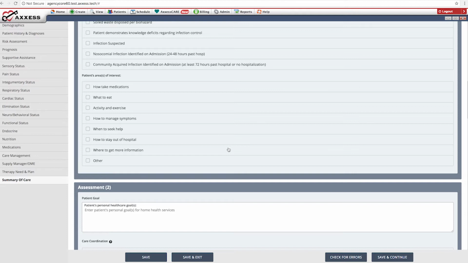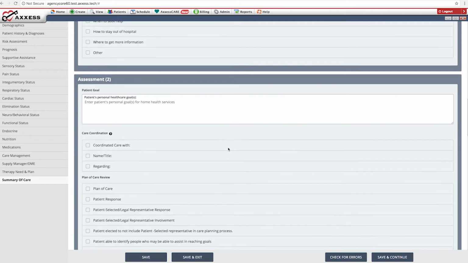And so this section here, as far as the patient's area of interest, these are generally the sections that inform self-management. So you want to know, does the patient want to learn how to take their medications, what to eat, anything about activity and exercise, how to manage their symptoms, when to seek help, how to stay out of the hospital, and where to get information. And then you can add other, whatever else they may want to know.